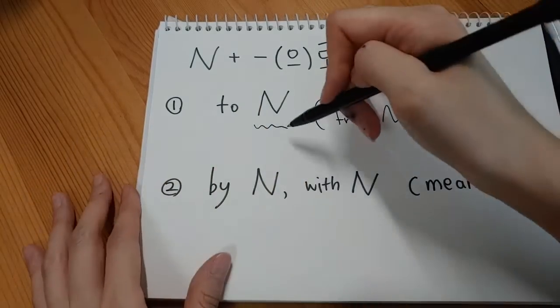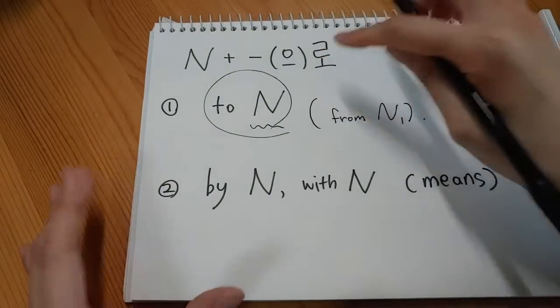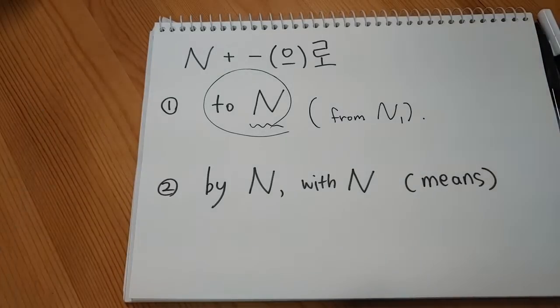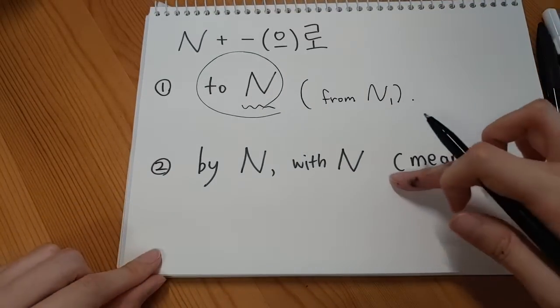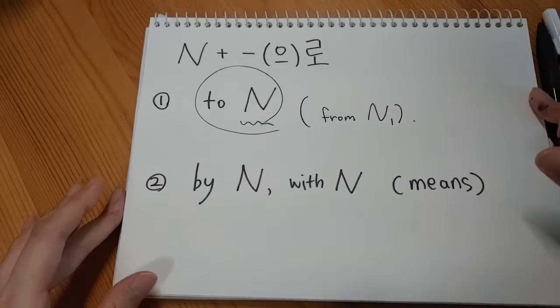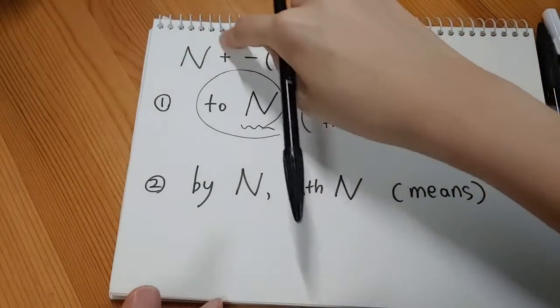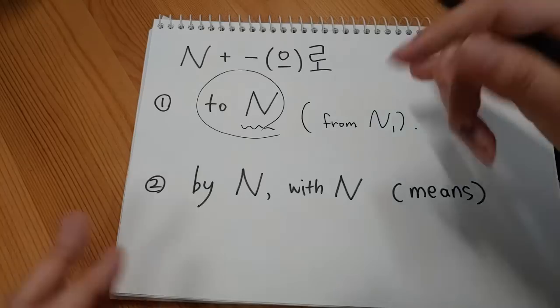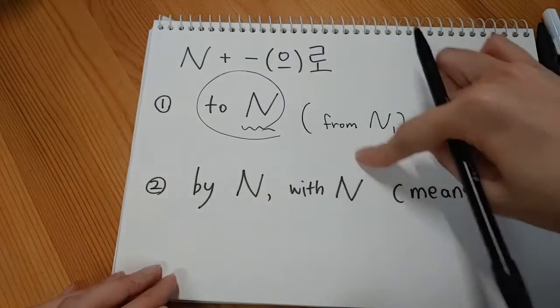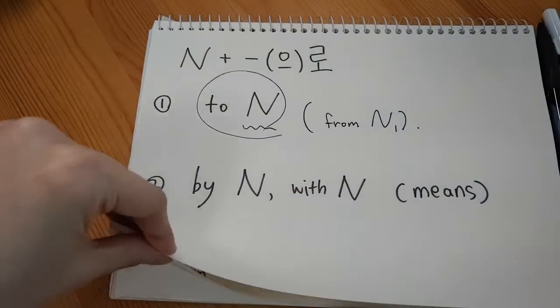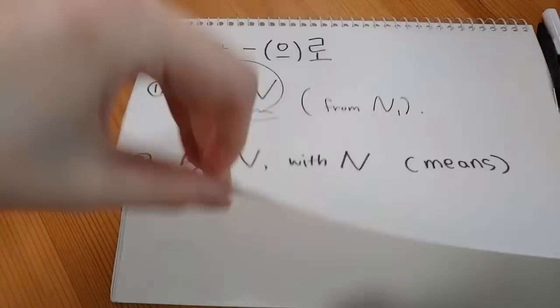And 로 also has many other meanings, one of which is the means of doing something. So when you say noun 로, it can mean by a noun or with a noun. So, did I bring the example sentences?